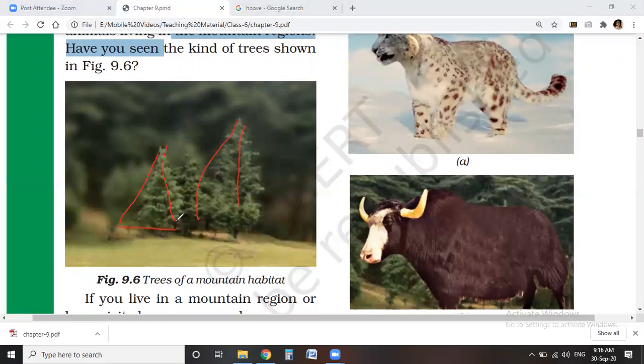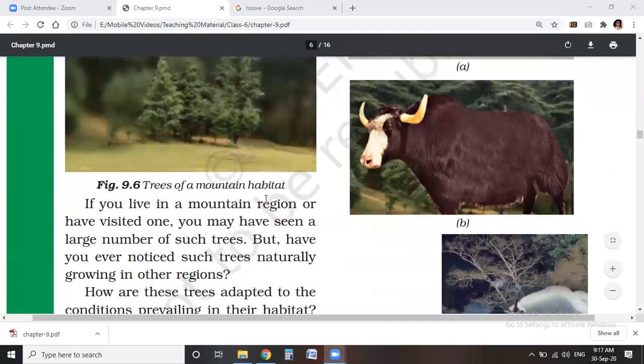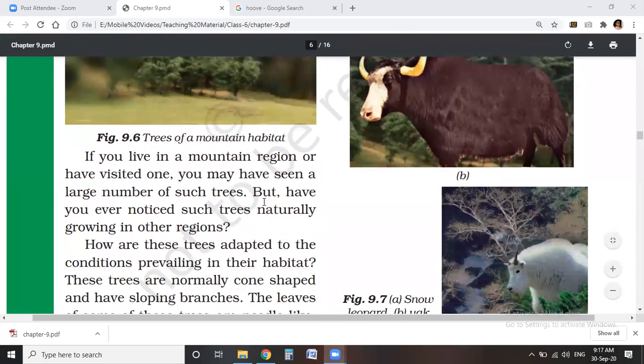See their branches: at the base, the branches are very long, but going to the upper side of this plant, the branches become smaller and form a shape like a cone. This distribution of branches gives it a unique cone shape, which helps to protect them from snowfall.